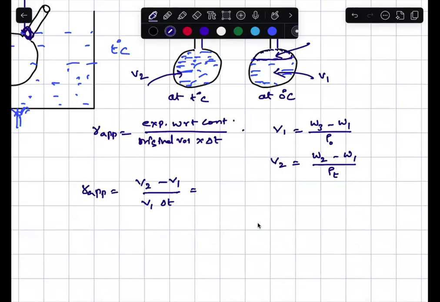V2 minus V1 is nothing but, here I have made a mistake. Hold on. Same. It is rho naught because we are measuring both at 0 degrees centigrade only. At 0 degrees centigrade, the entire liquid was occupying the container. Initially, whatever liquid you had is occupying the complete volume of the container.